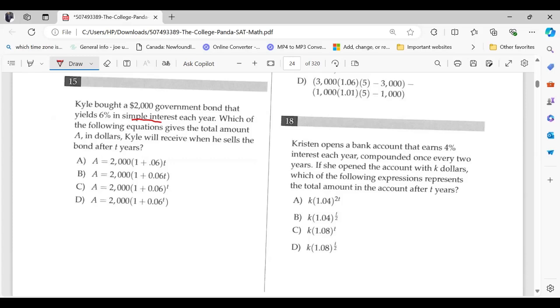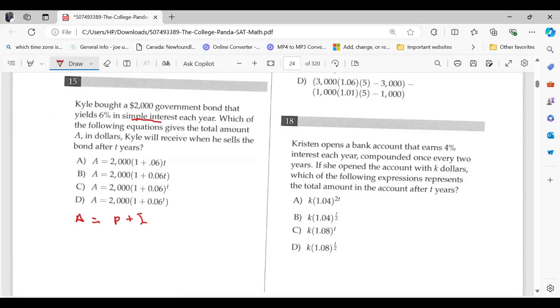So now let's look at interest. You know that amount is principal, all right, plus interest.